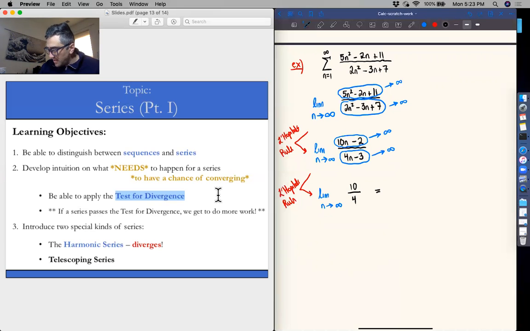So this limit equals 10 over 4. So what does this mean? Well, since this limit doesn't equal 0, therefore this series is divergent.